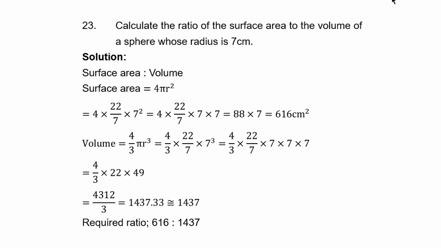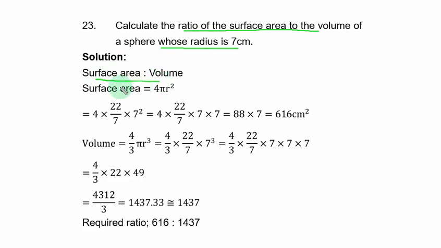Example 23. Calculate the ratio of the surface area to the volume of a sphere whose radius is 7 cm. This is a 2-in-1 question. You find the surface area, the volume, then the ratio. Solution. You have surface area ratio volume.